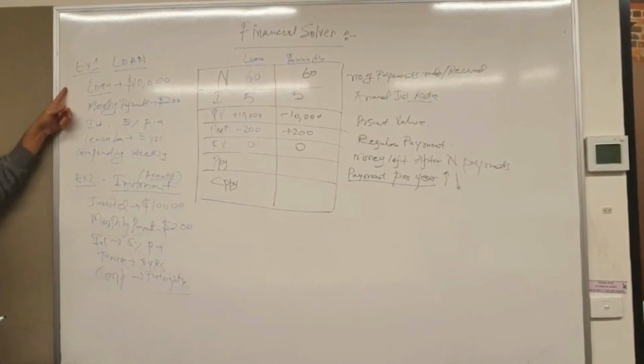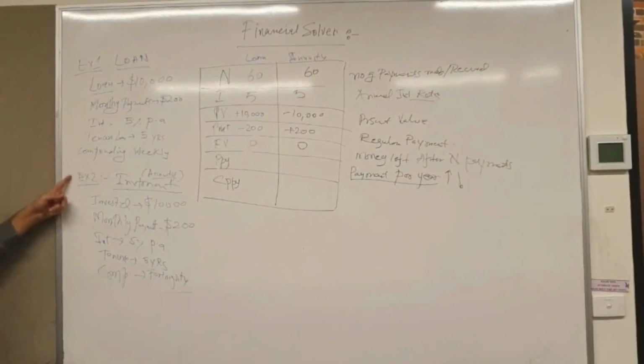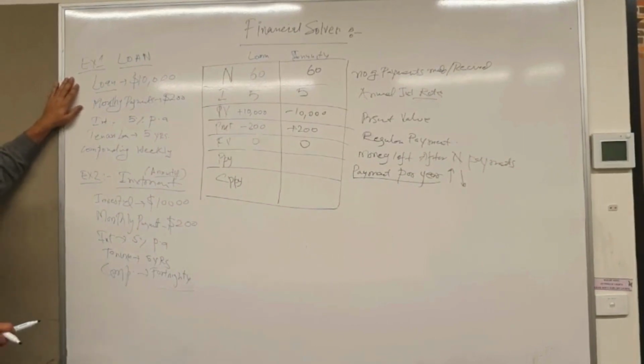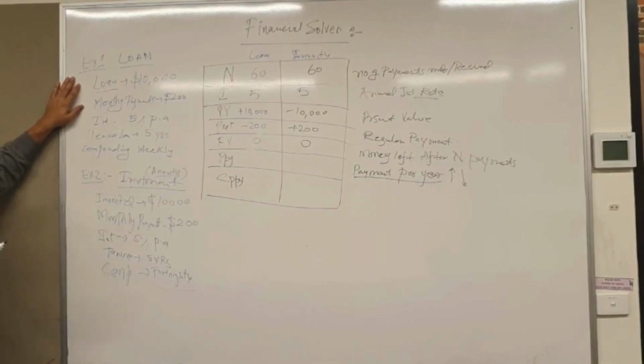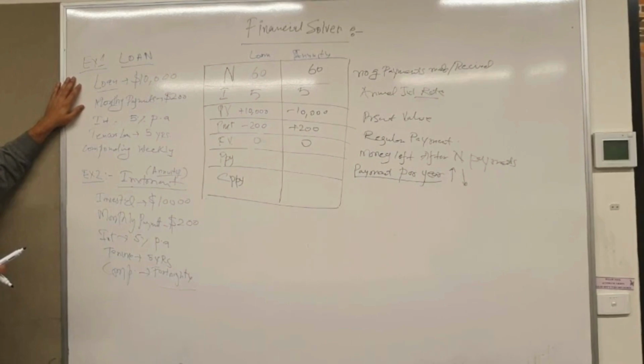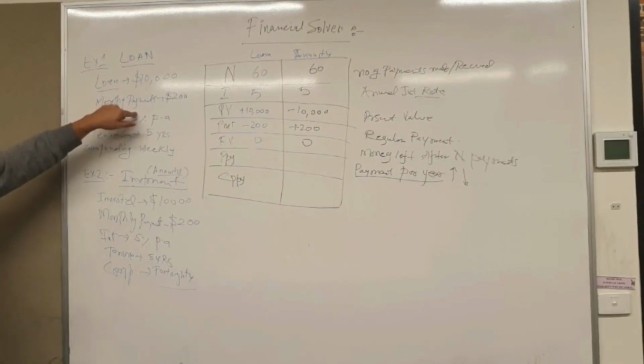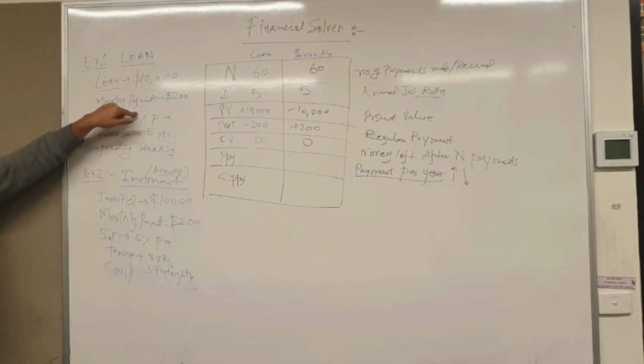In this case, in loans, how many times am I paying in a year? It says monthly payments, so it will be monthly. How many payments in a year if you're paying monthly? 12.